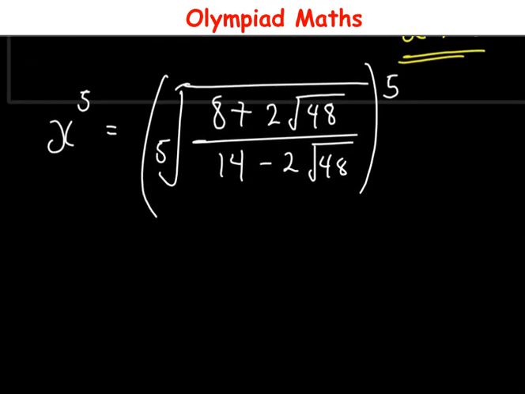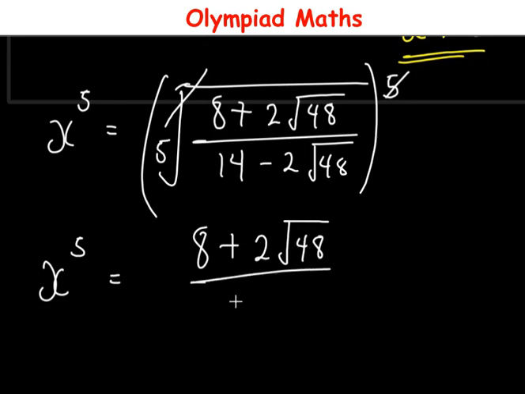And from here, we cancel the fifth root. We are left with 8 plus 2 times root 48 over 14 minus 2 times root 48.